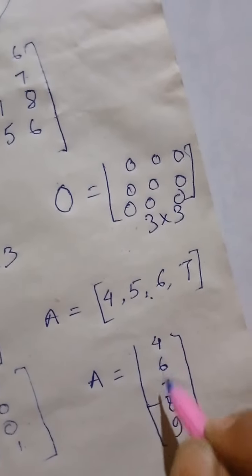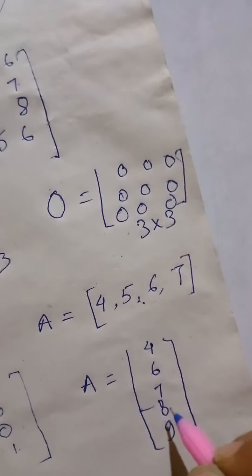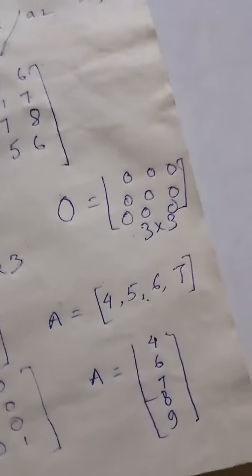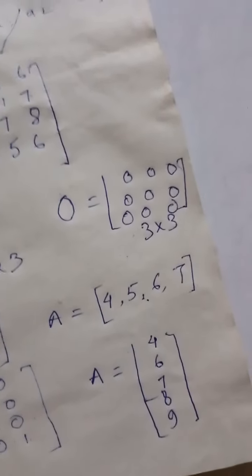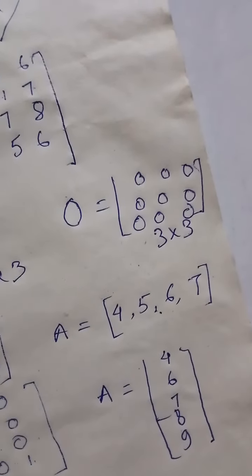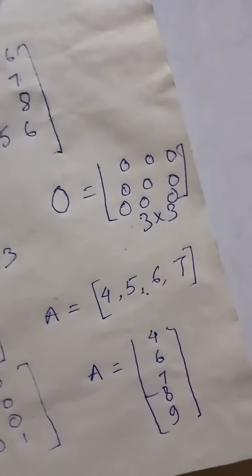Here the number of columns is only 1 and the rows are 1 2 3 4 5. By the definition of column matrix, it's also an example of a column matrix of order 5 by 1.